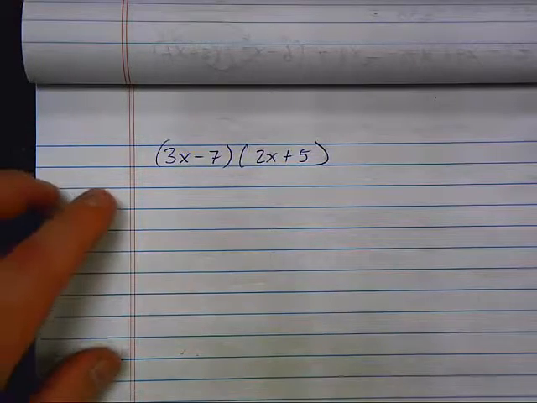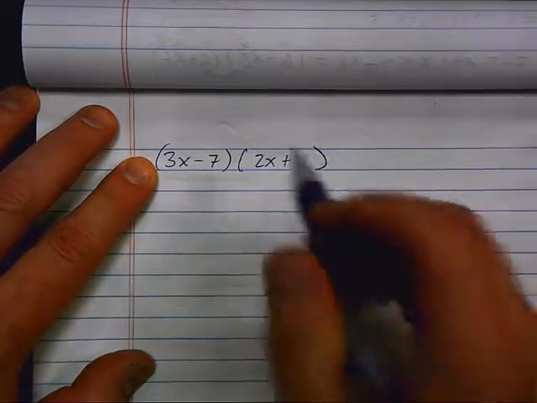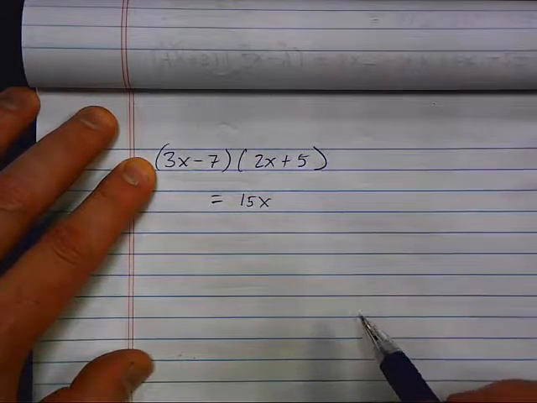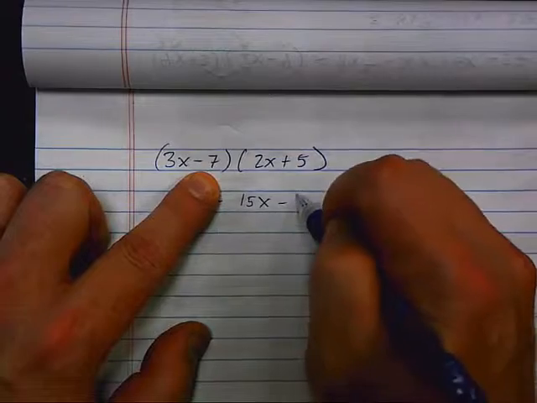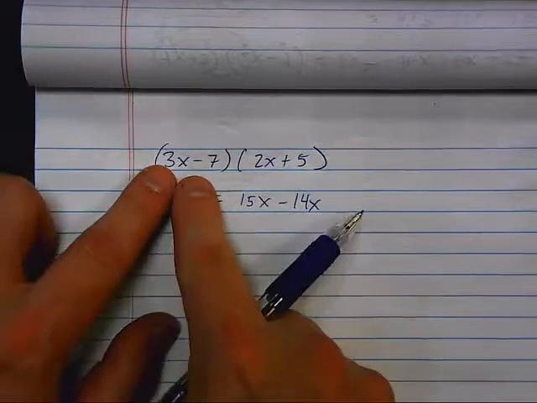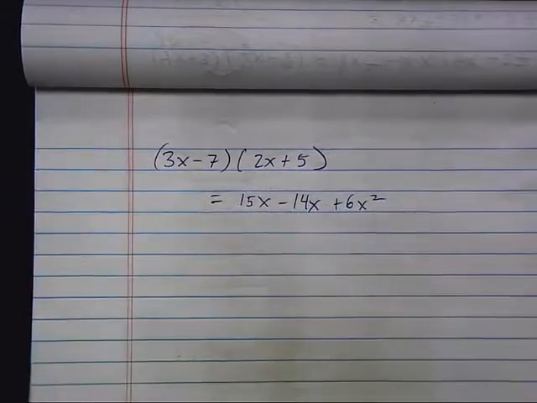So for example, I could decide to do 3x times 5 first. What's 3x times 5? 15x. And then I'm going to do the negative 7 times the 2x. Negative 14x. And then I'll do the 3x times the 2x. Plus 6x squared. And then which one's left?